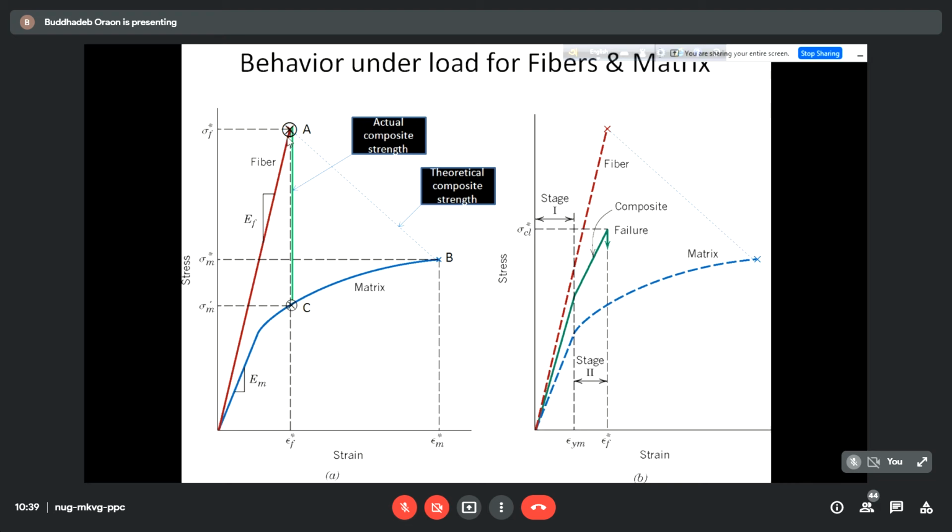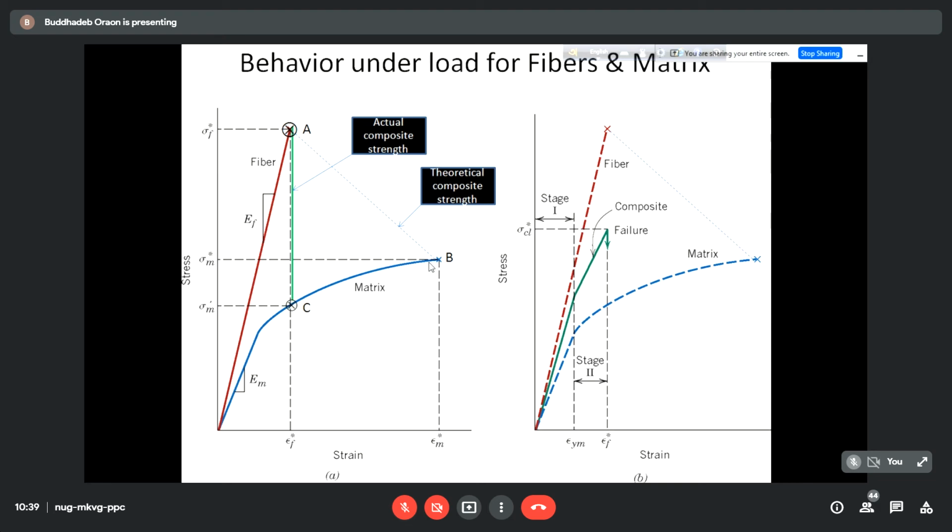Why? You will get sigma C theoretically, we will discuss in the next slide, as sigma F star into VF plus sigma M star into Vm, according to our rule of mixture, and definitely that value will fall on this line AB.